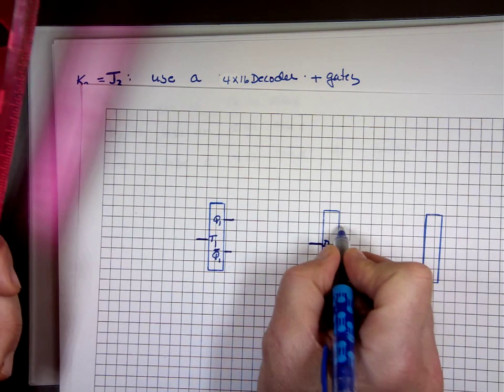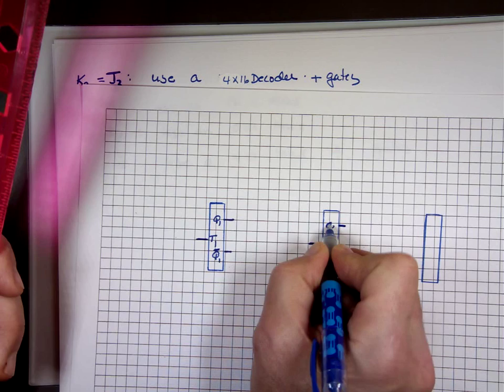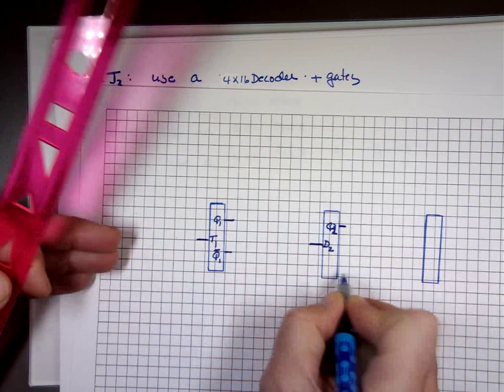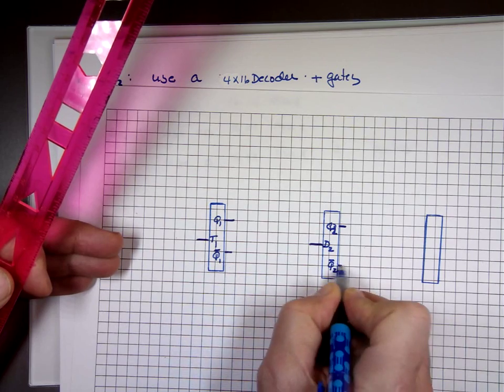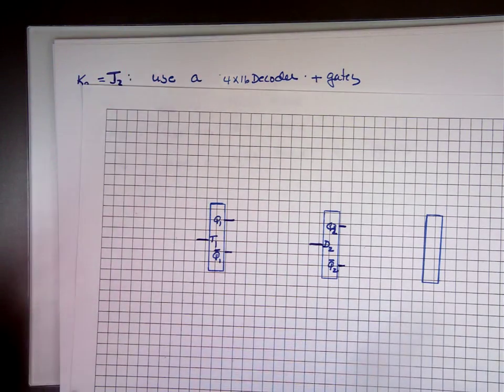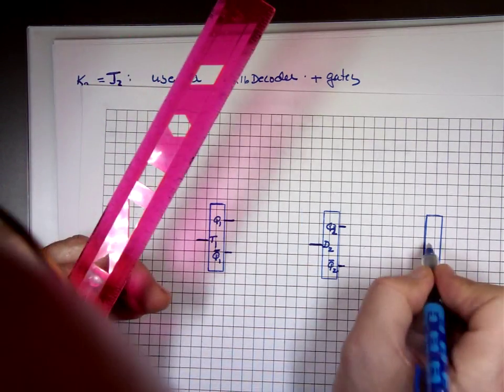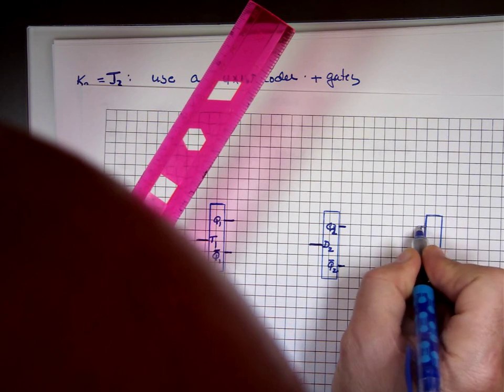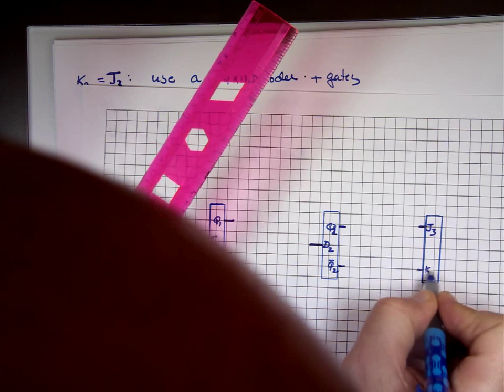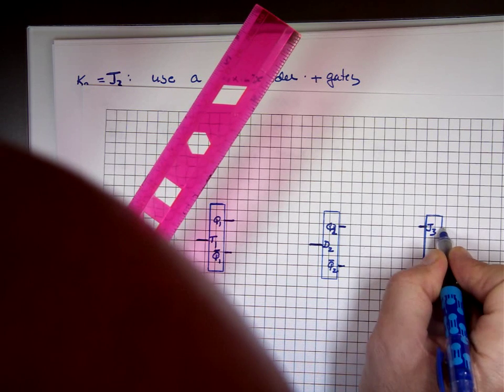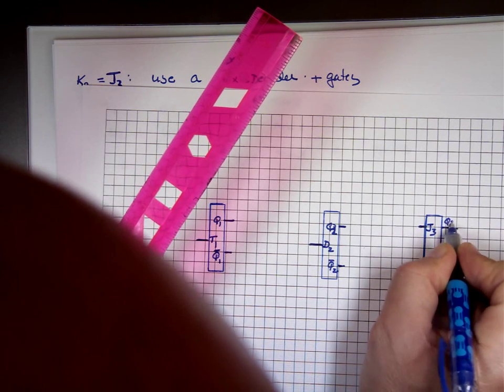It has Q1, Q2 and Q2 naught. And the last one's a JK, has two inputs, J3, K3, and it has two outputs, Q3 and Q3 naught.